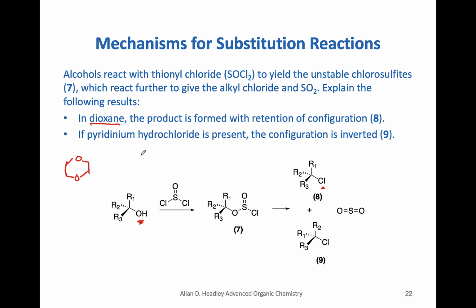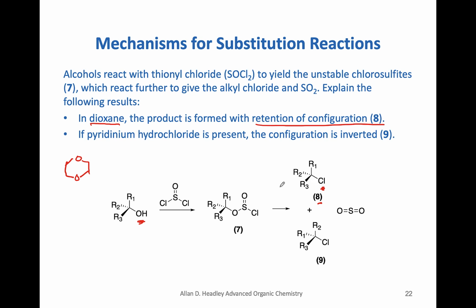So this is a fairly non-polar aprotic solvent. In that solvent, there is retention of configuration as shown in 8. Notice retention of configuration. This configuration here is the same, except the chloride comes in from the same side to retain configuration.